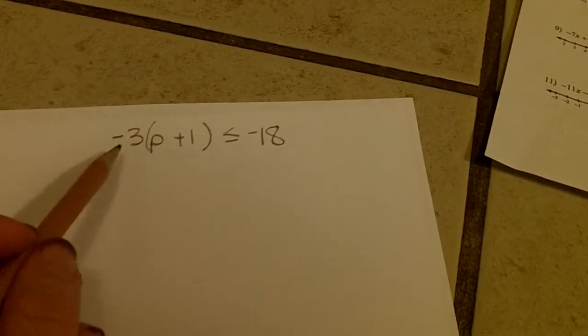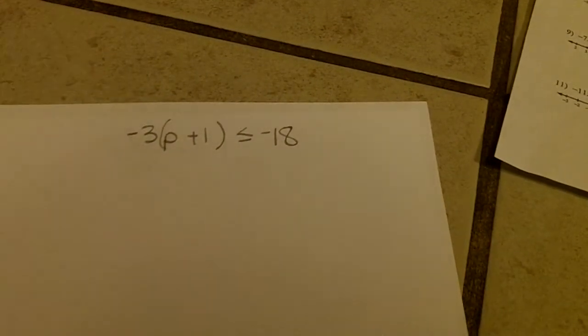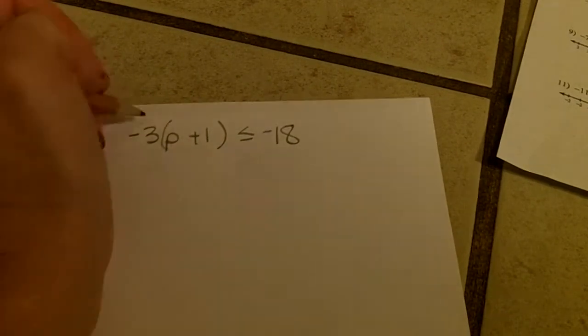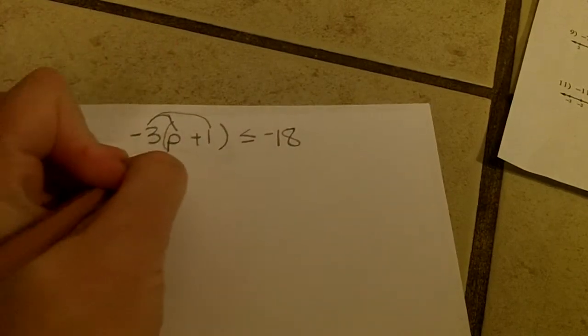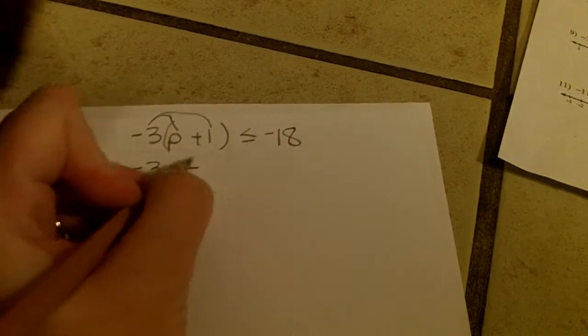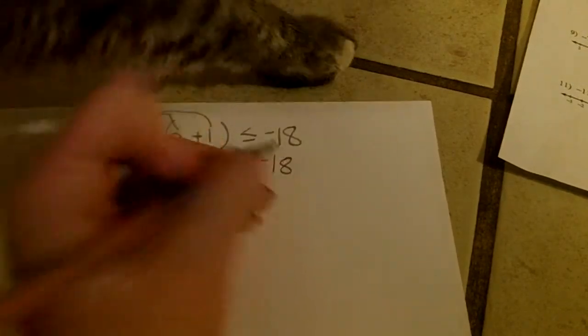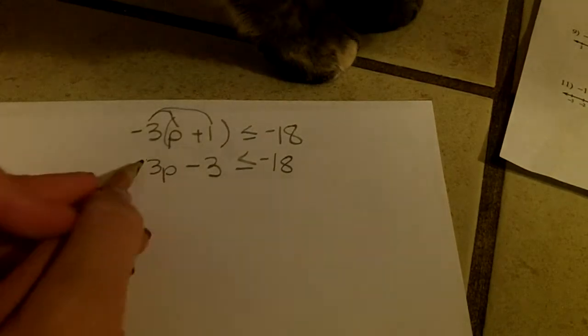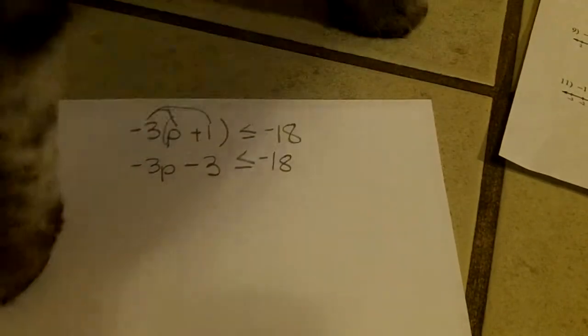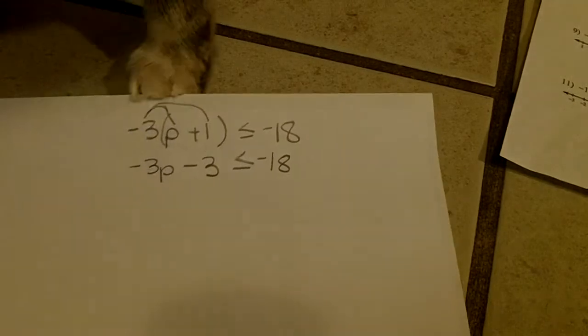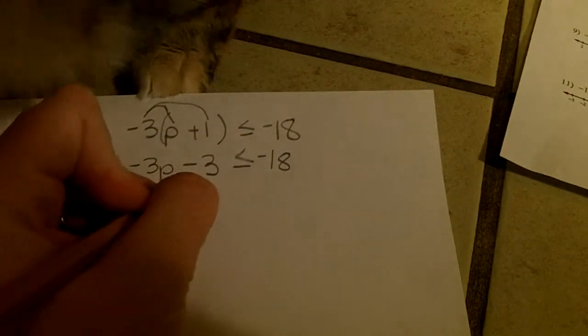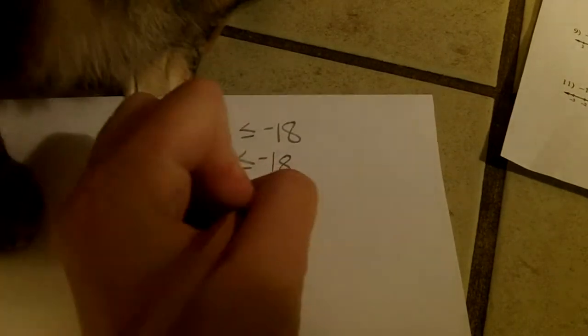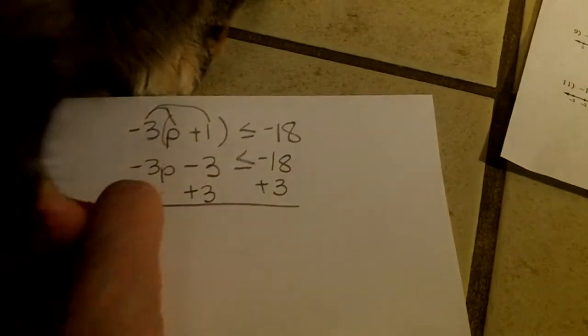Alright, so coming to my second problem, I need to distribute or combine like terms. In this case, I do need to distribute. I have negative 3p minus 3 is less than or equal to negative 18. Now once I've distributed, I see that I have no terms that I can combine. So now I'm going to get rid of my subtraction term by adding 3 to both sides.